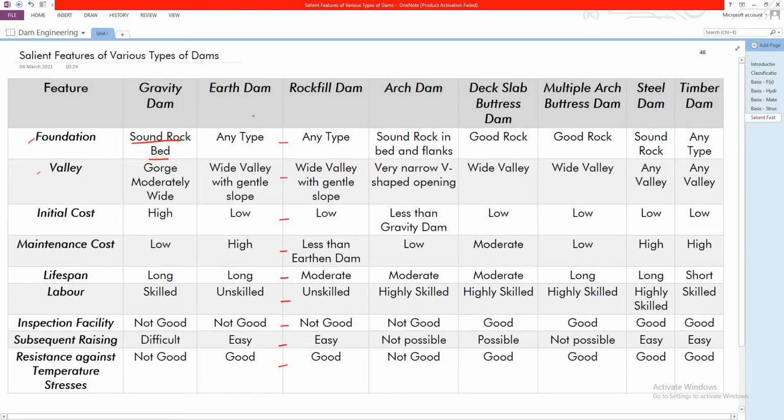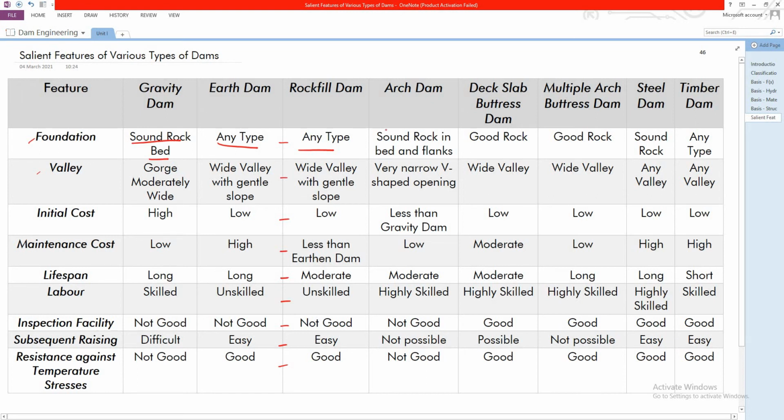The basic difference between earthen dam and rock-fill dam is that earthen dam comprises mostly soil and silty material, and rock-fill dam consists of soil as well as rock. That's why there is not so much difference between them. That's why on parameters they stand like one another, right? And regarding the foundation requirement of earthen and rock-fill dam, you can go with any type of foundation.